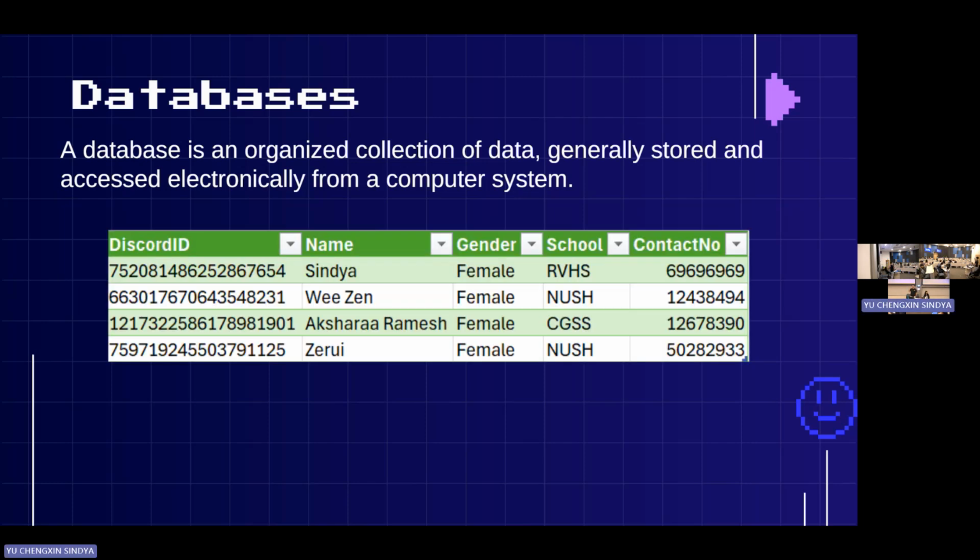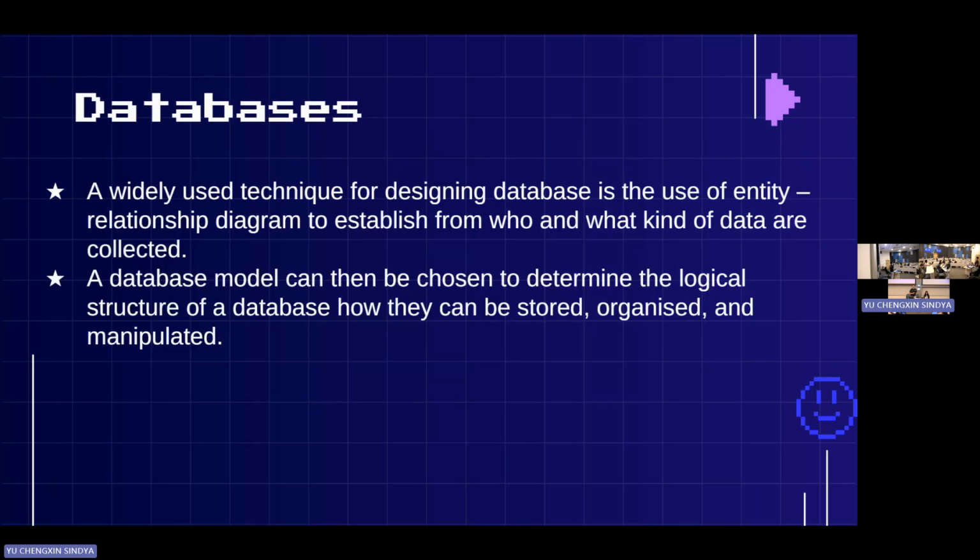This is a very simple example of a database. It's formatted as a table. It doesn't have to be, but this is a very visual way to see what each of these columns are for. A widely used technique to design these databases is to imagine them as some sort of entity where we are putting relationships between different values together.